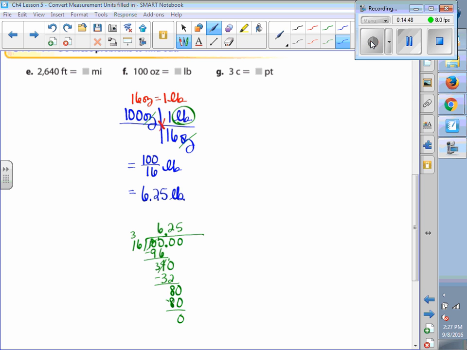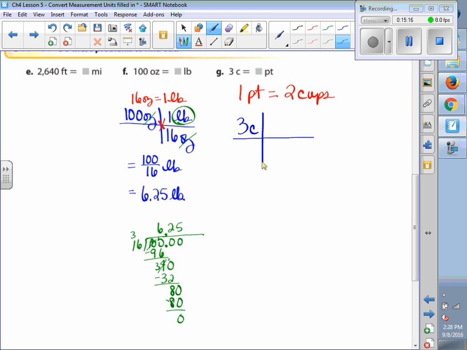So let's take 3 cups and convert to pints. So the conversion, cups to pints, let's see, we've got 1 pint is equal to 2 cups. Right? And we're starting with 3 cups, and we're going to convert that to pints.